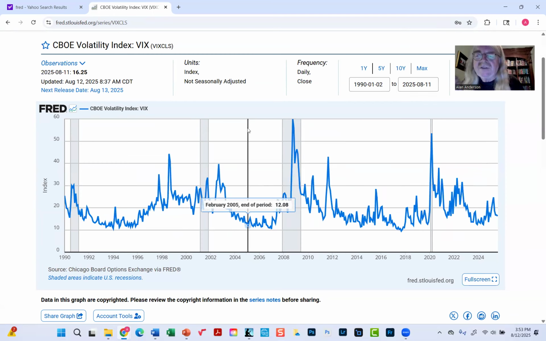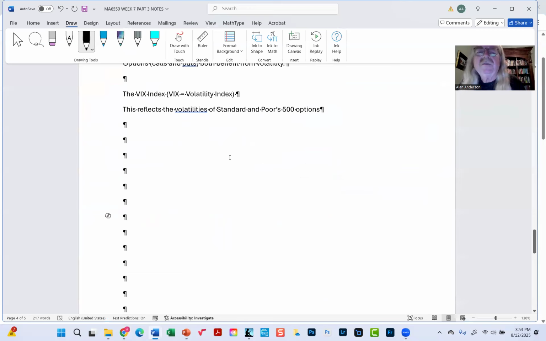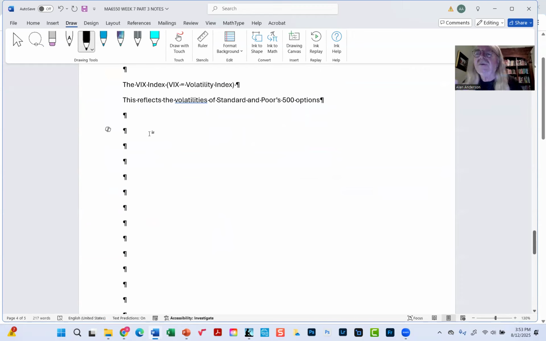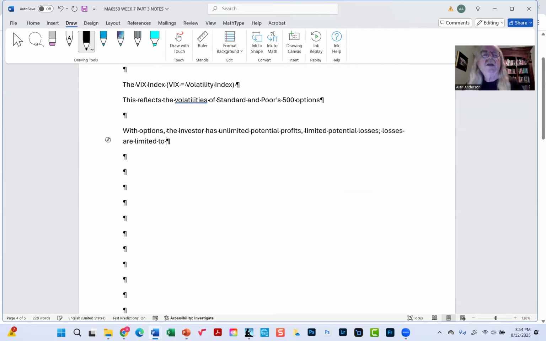So the VIX is a good indication of how much volatility there is in the markets. Now, why is volatility so helpful to options? Well, that's because remember, with options, the calls and puts, the investor has unlimited potential profits, limited losses. Losses are limited to the price paid for the option.